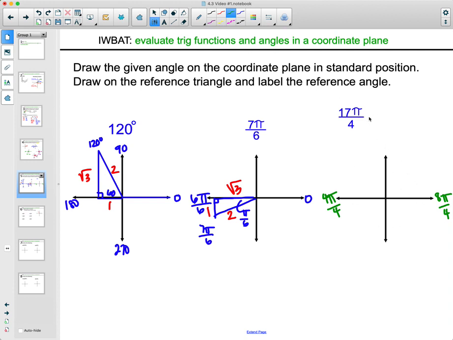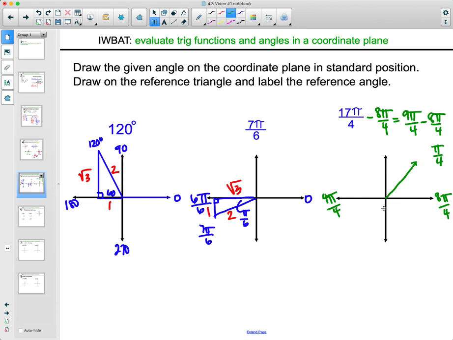So I would subtract a rotation of 8 pi over 4, which would give you 9 pi over 4, which is still bigger than 2 pi, so I would subtract another 8 pi over 4, and that would give you pi over 4. So this is the same as a pi over 4 angle, which is in the first quadrant.